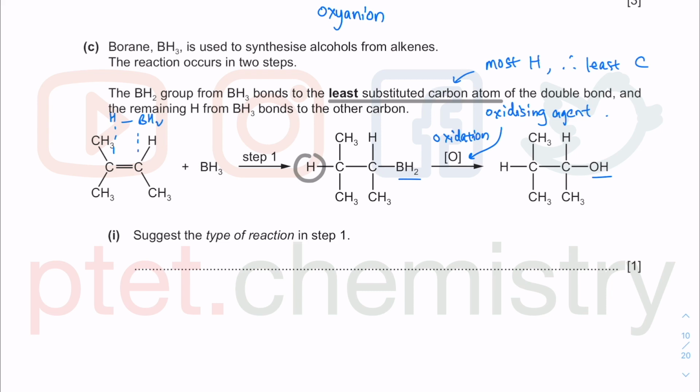What type of reaction is step 1? You have just gone from alkene, you have just added something across the alkene. They are not looking for mechanism. Do not write mechanism in here because they're asking for the type of reaction as stated in the AS introductory organic chemistry terminology. This is going to be addition type of reaction there.